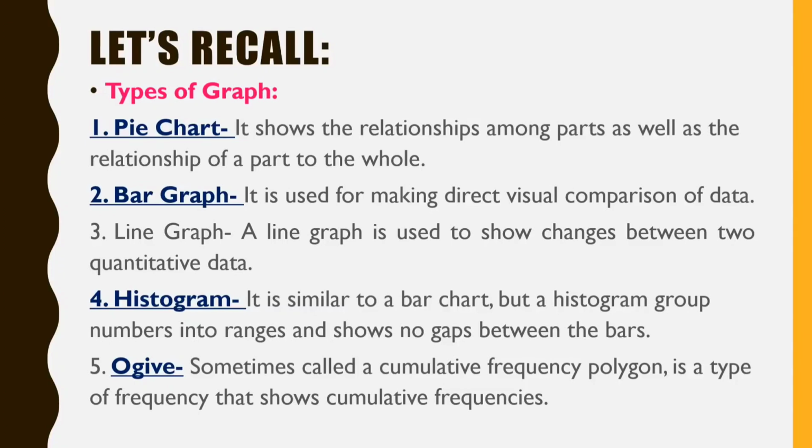Histogram, it is similar to a bar chart, but a histogram groups numbers into ranges and shows no gaps between the bars. The fifth one is an ogive, which is sometimes called the cumulative frequency polygon, which is a type of graph that shows cumulative frequency.